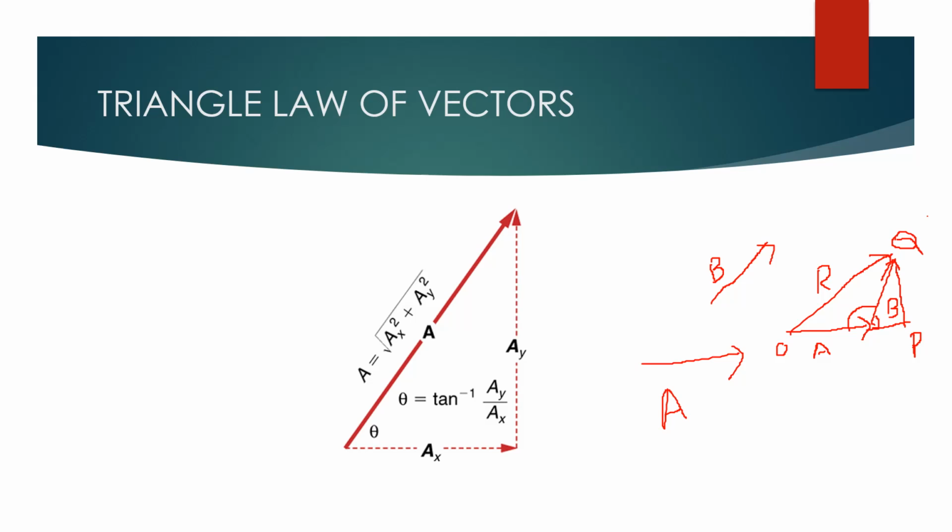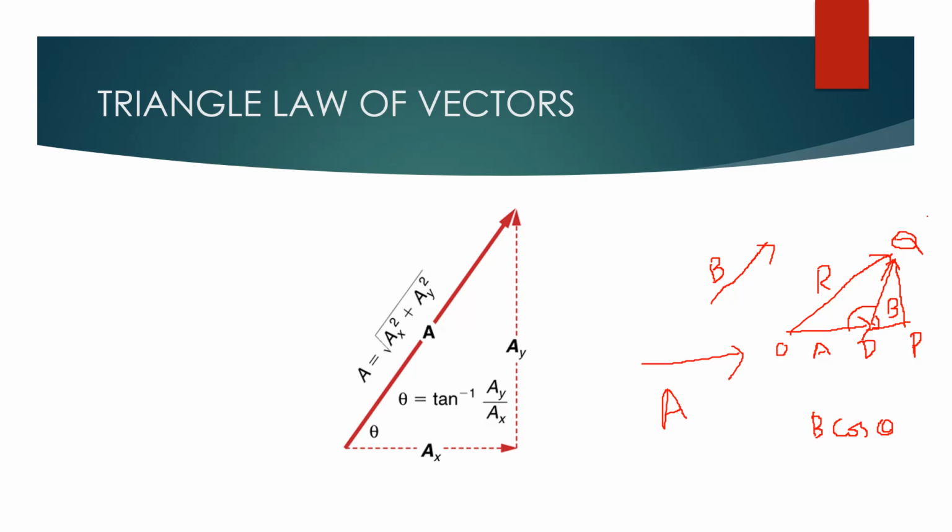Now let us say this point is D. What is DP? DP can be obtained by resolving B. We resolve vector B along DP, and it becomes B cos theta. That extra part which we extended, DP, is B cos theta along the horizontal.